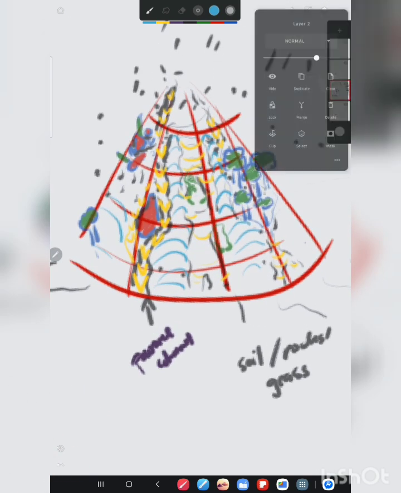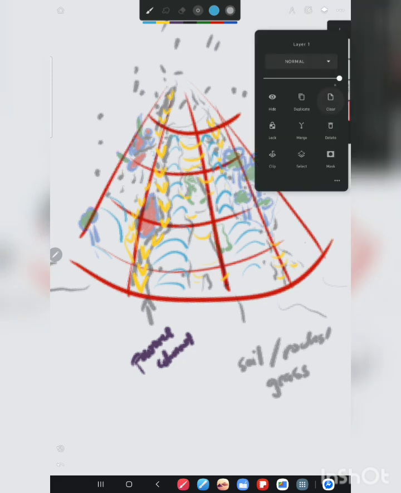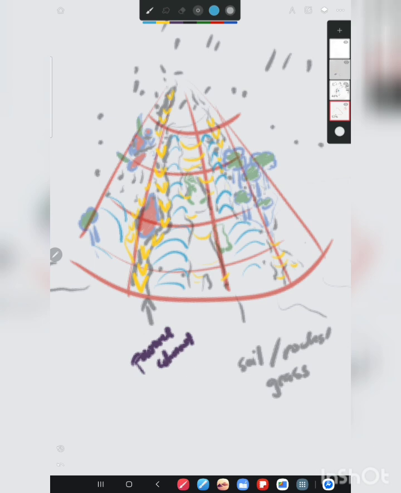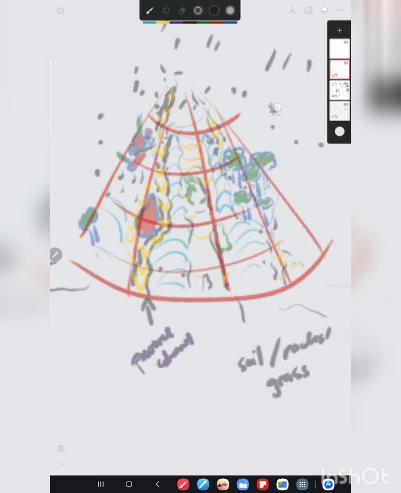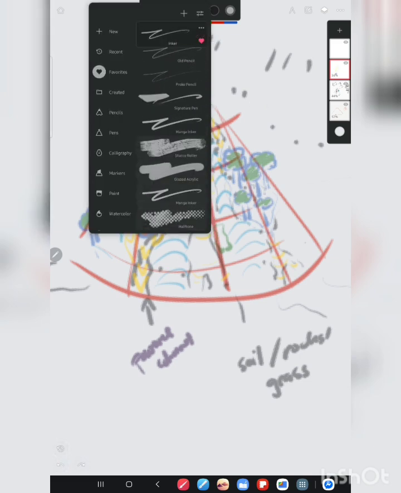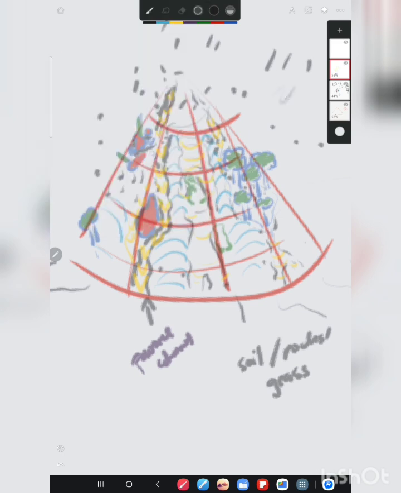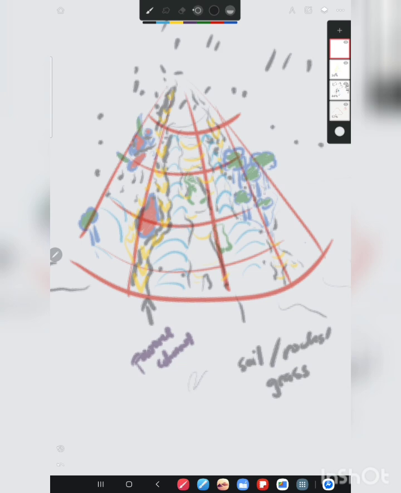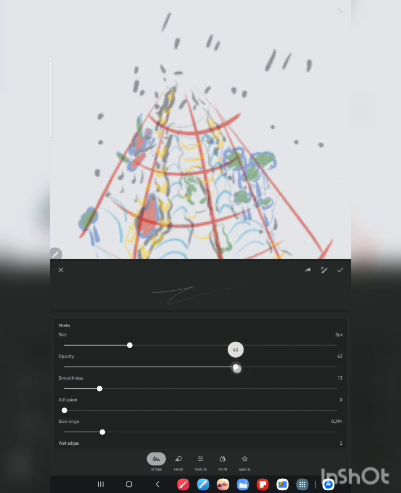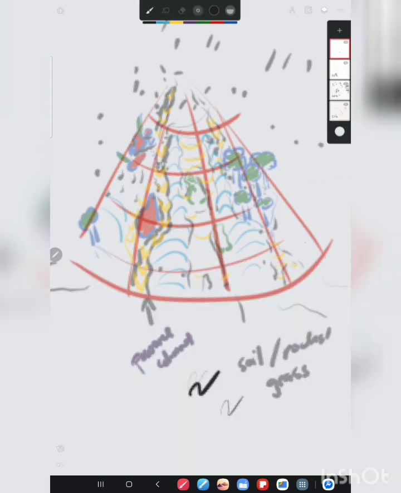So i-shade ko sila accordingly. I'm gonna go with... Okay. So this is gonna go like this.